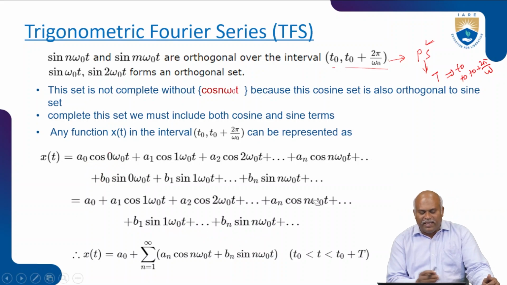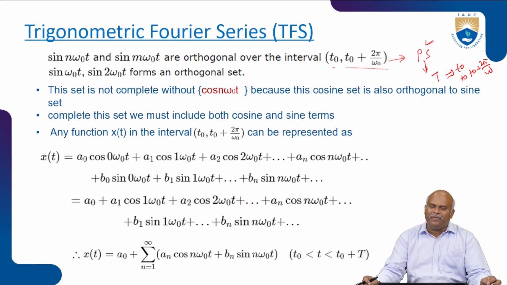So now we have the orthogonal set as a complete set of cosine as well as sine terms, and both are present in our x of t.